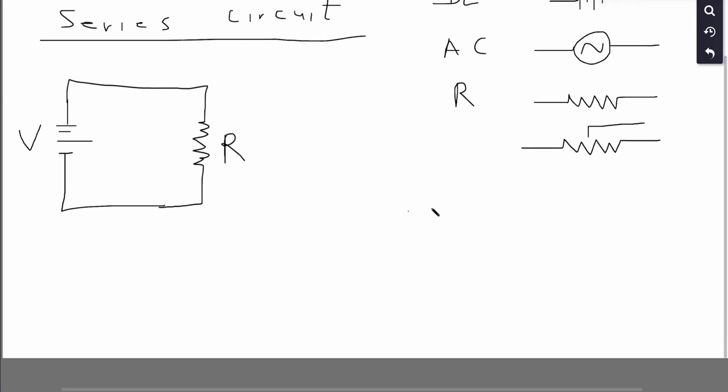So for the variable resistor, let me put a VR here. A fuse can be represented as this.